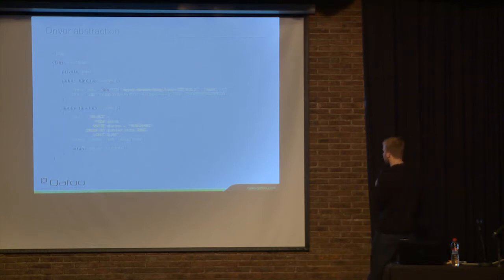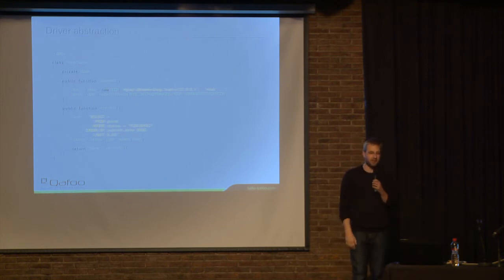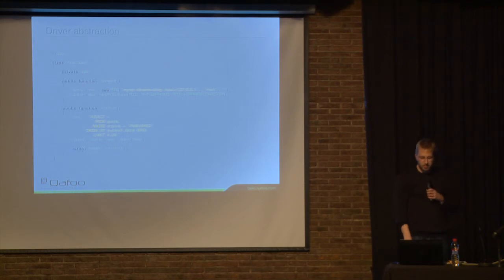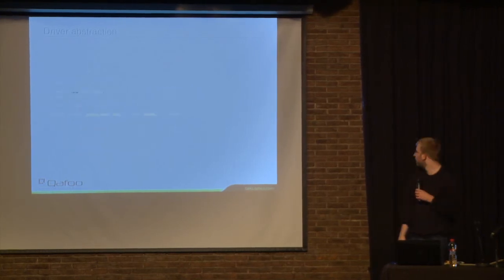So if you have code that uses PDO, for example, in this case I have a very simple class that connects to a database and executes a query on some table. When you use Doctrine DBAL, you don't need to use PDO directly.